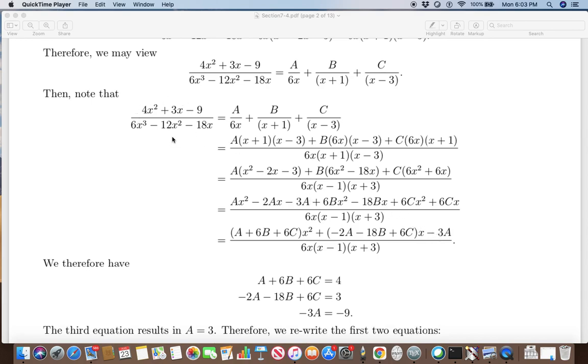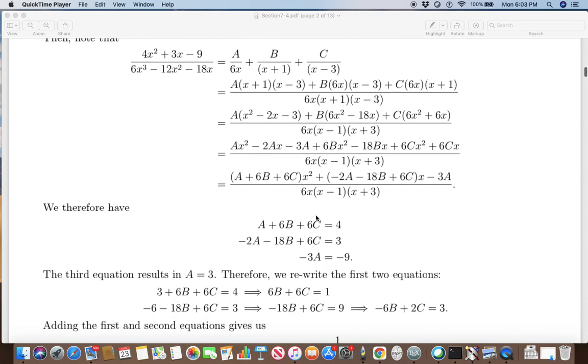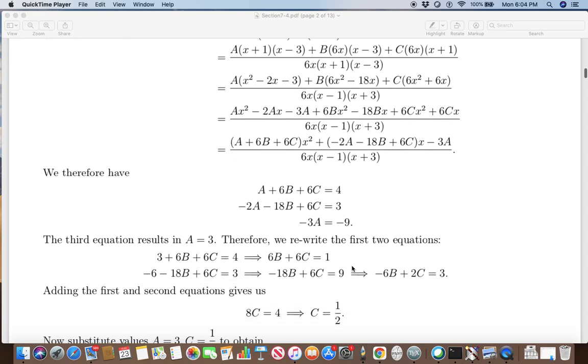Now, this fraction being equal to this fraction tells us that the coefficient of x squared is equal to the coefficient of x squared. Coefficient of x is coefficient of x. Constant coefficient is equal to constant coefficient.